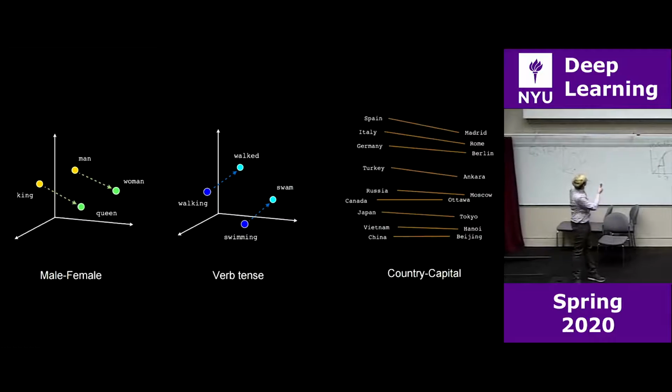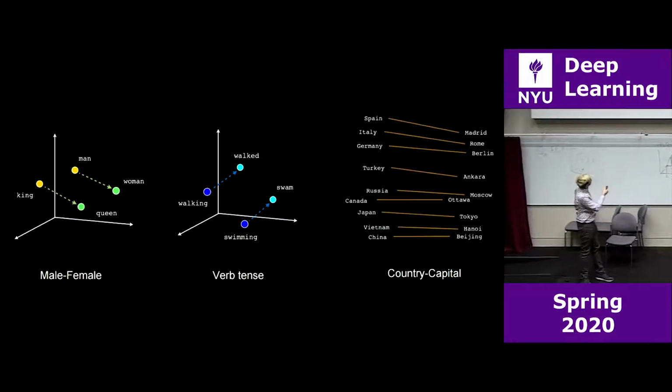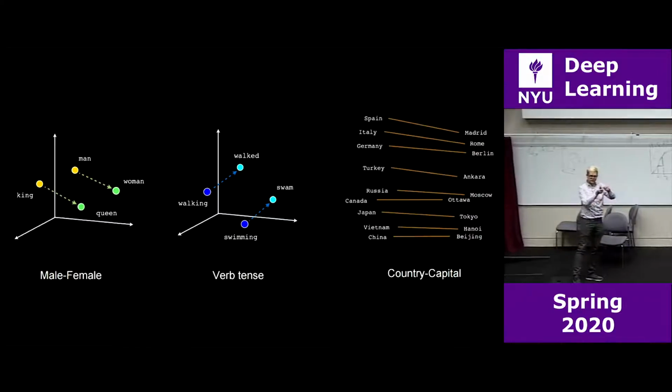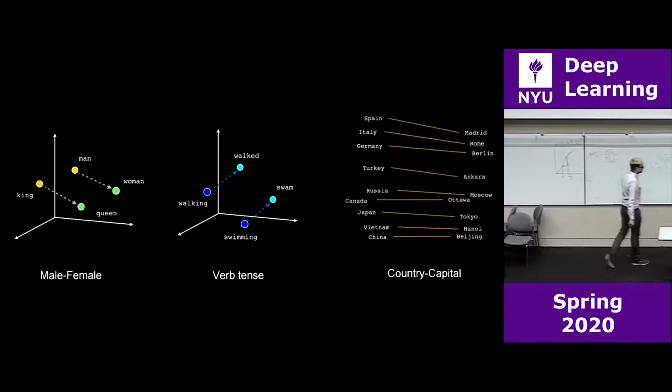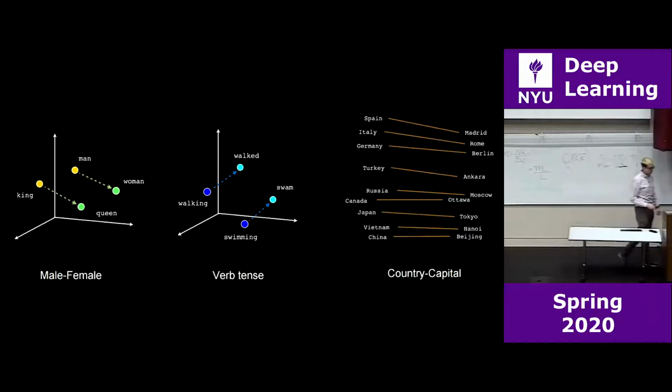Or in the other case, you have walking and walked, swimming and swam. So you always have this specific linear transformation you can apply in order to go from one type of word to the other. Or here, you have the connection between cities and capitals.